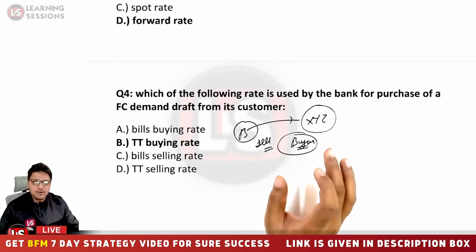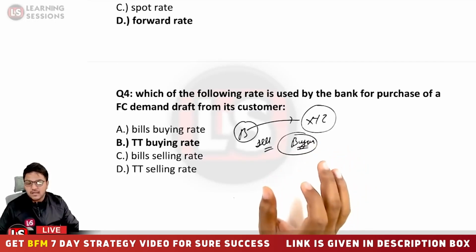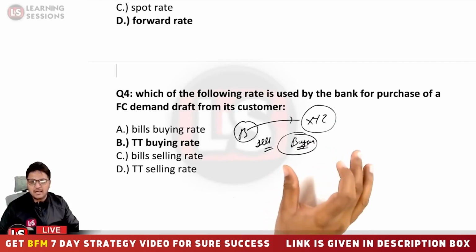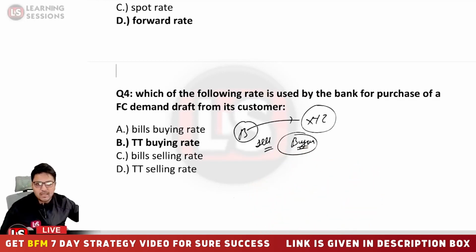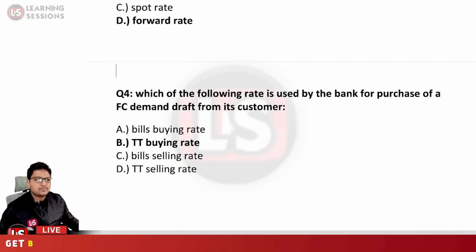What rate shall be quoted? The buying rate, because the rate quoted is the one at which the bank is ready to buy. As there is no difference in settlement, it will be the TT buying rate which will be applicable for this transaction.